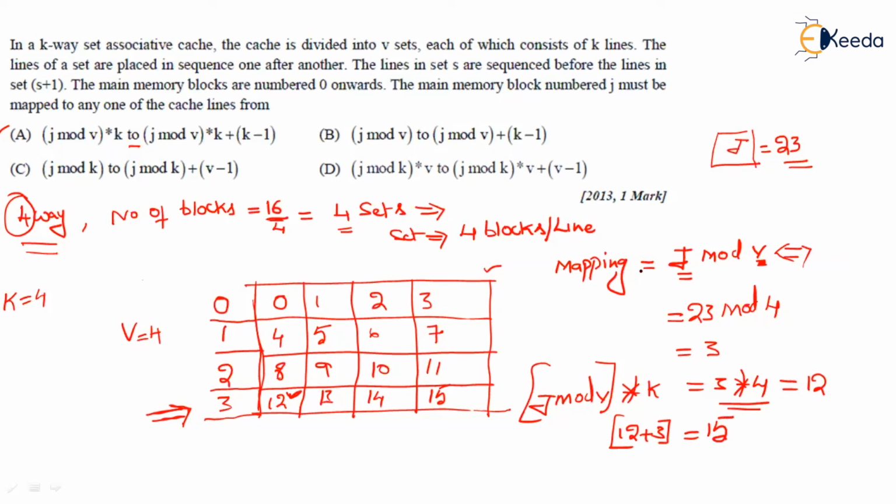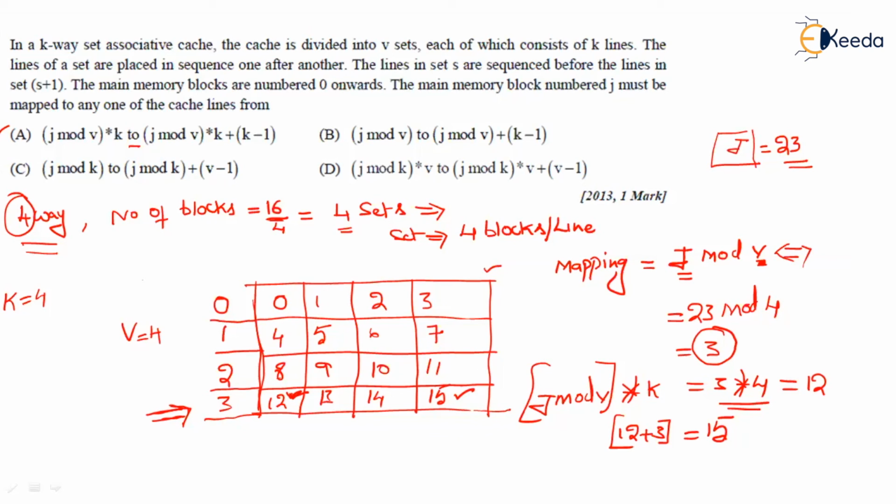So J mod V will give me the set that it is getting mapped to, and J mod V into K will give me the first line of the set. J mod V into K plus K minus 1 will give me the final line of the set, that is 15. So option A is correct.